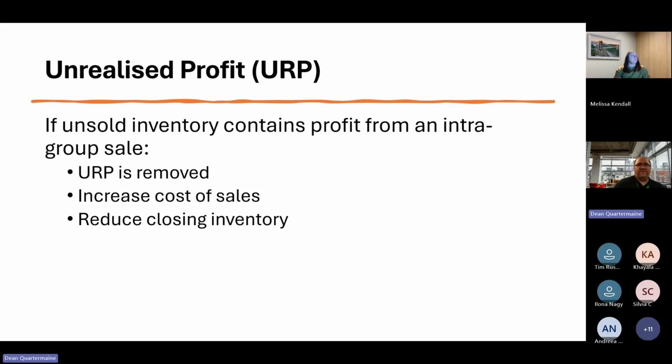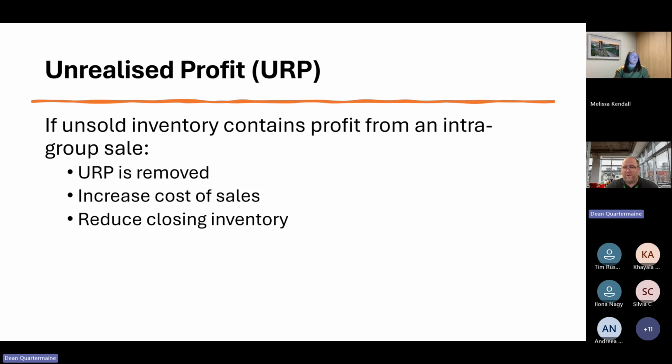Unrealised profit then. The first thing I'm going to say is that AAT absolutely love testing unrealised profit. So if unsold inventory contains profit from an intragroup sale, we've got unsold inventory. I'm just reading a question.